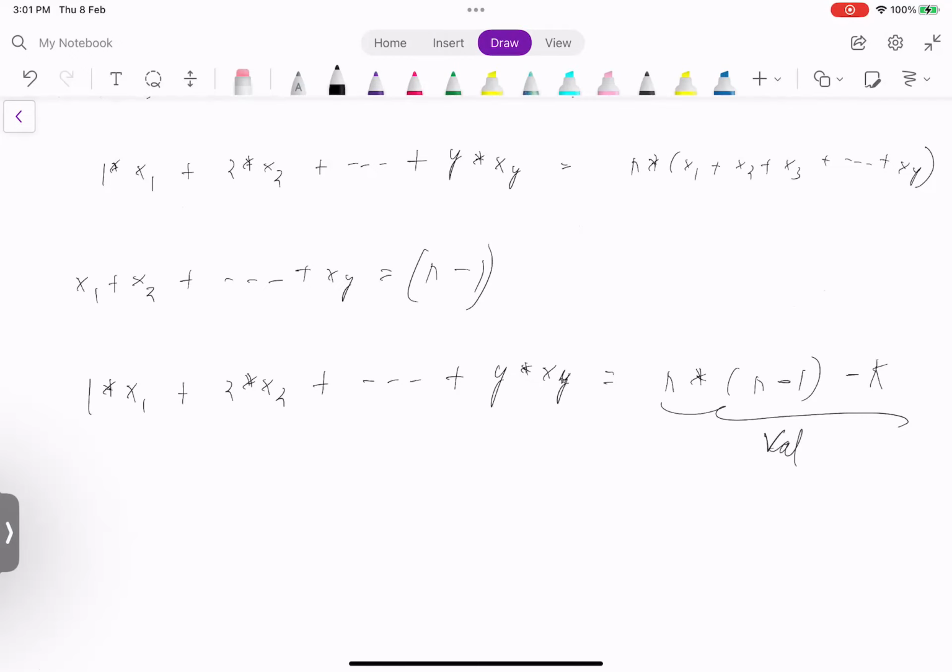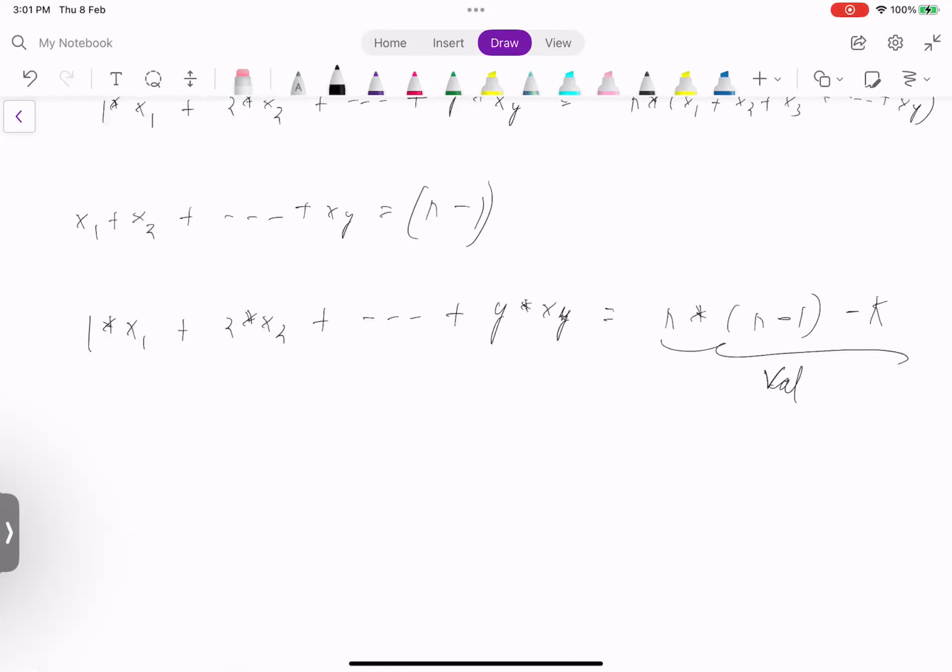So let us consider this as some value, right? Now our aim is to find out whether there exists something of this sort in the LHS which is equal to the value.